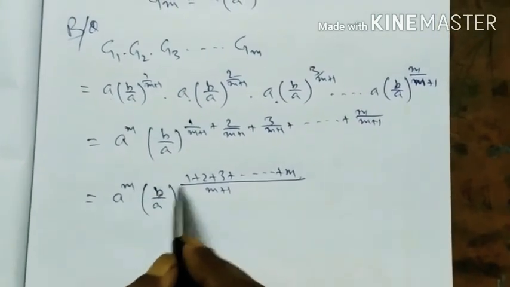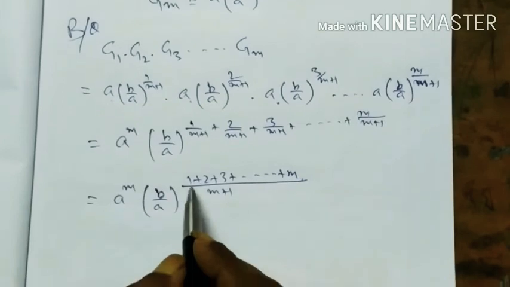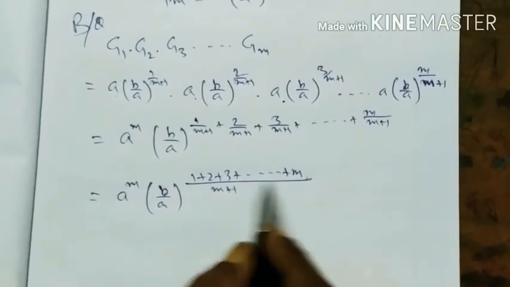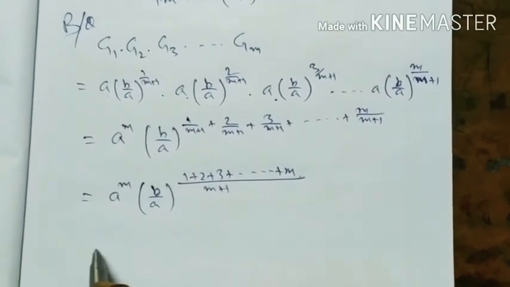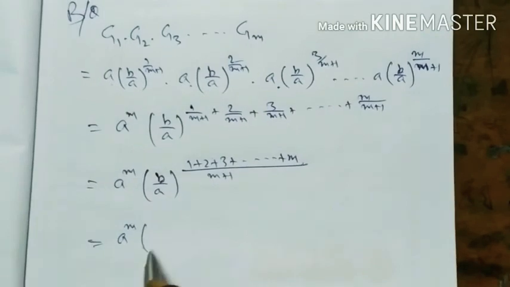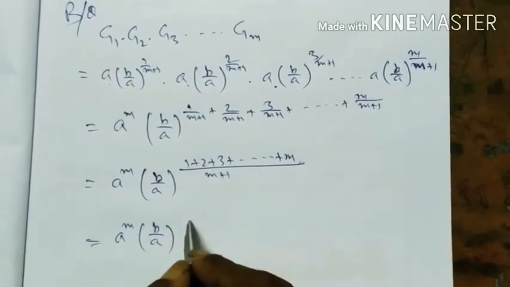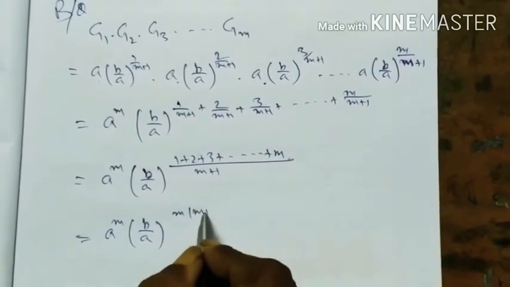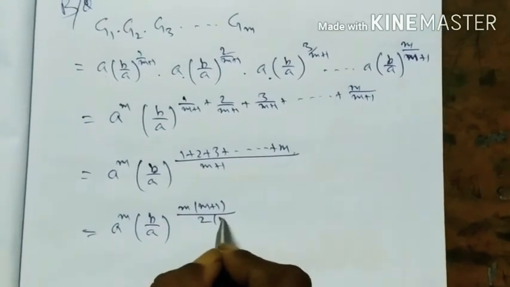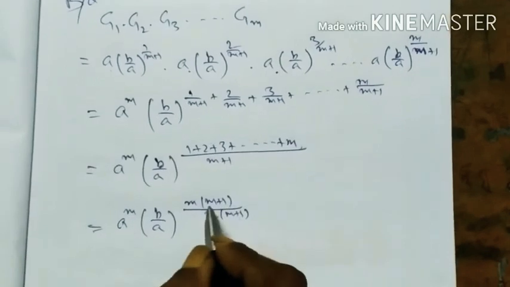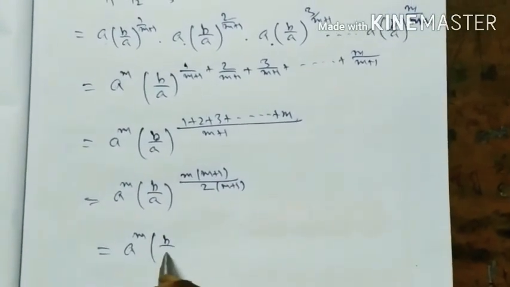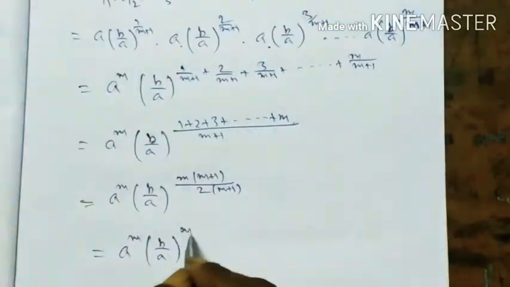This is in arithmetic progression. The sum of the arithmetic progression of m terms will be m into m plus 1 by 2, divided by m plus 1. So this m plus 1 cancels out, and a to the power of m, b by a will have power m by 2.